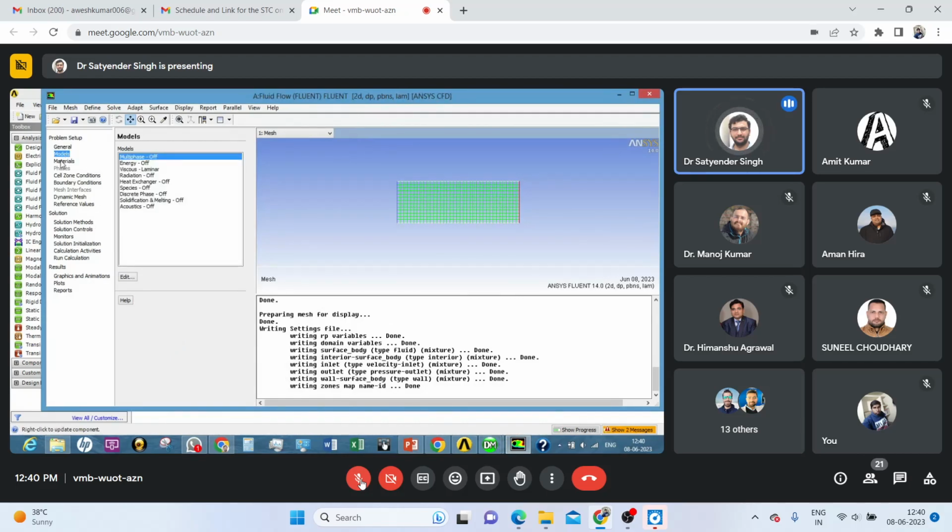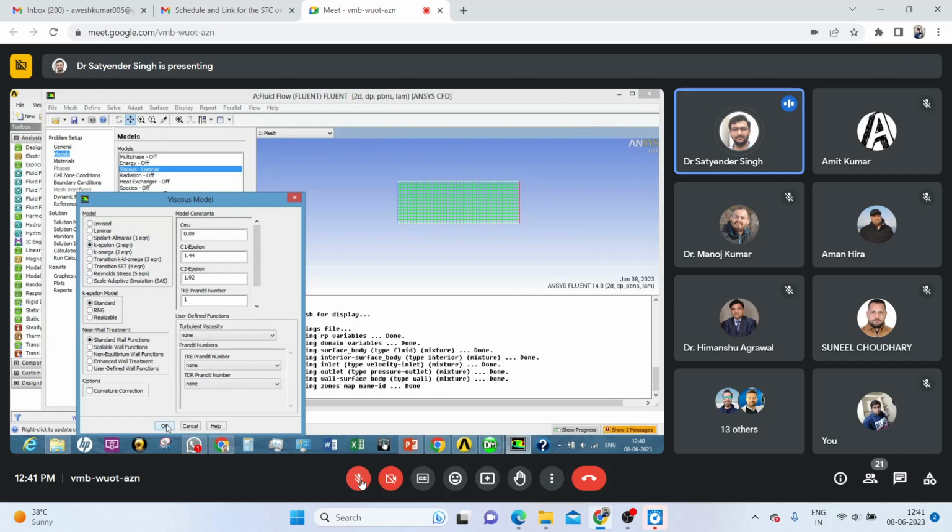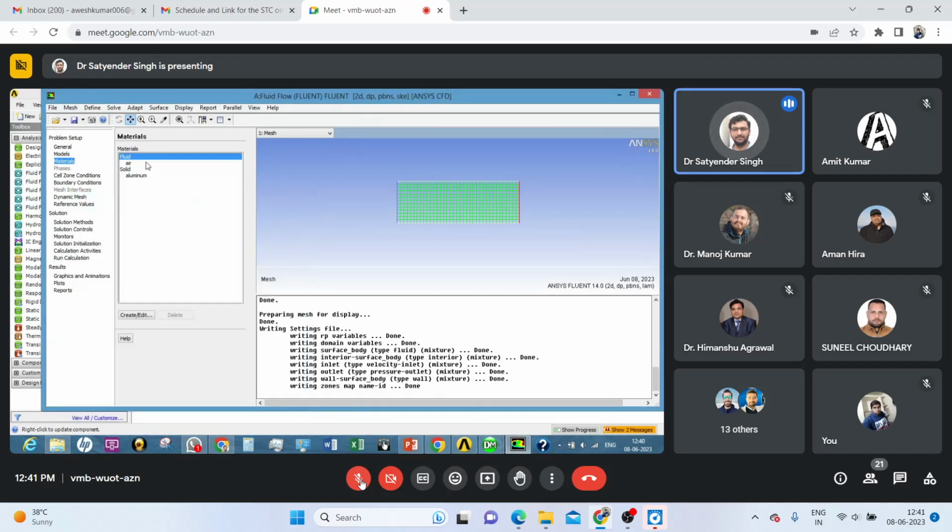Okay, so I'm considering, let's say, turbulent flow. Okay, fine. And material air, I'm considering, cell zone. Okay, now boundary conditions. So for this computational domain, this is the inlet boundary, this is the outlet boundary, and they are the two no slip boundaries.